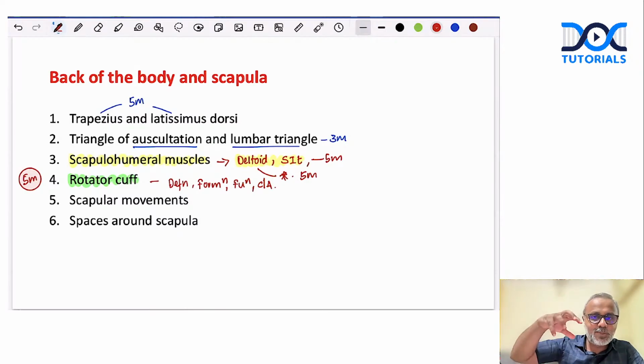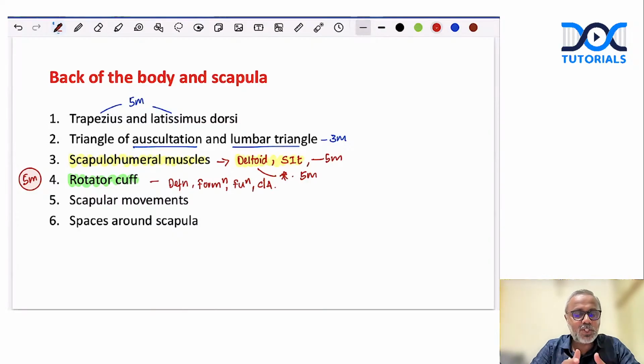If you see your Vishram Singh textbook, a wonderful diagram is given, where the 4 muscles hold the top of the humerus and prevent the superior or upper dislocation. This is what we need to describe in function. And what happens if the rotator cuff is injured is what we need to describe too. Again, a very commonly asked 5 marker question.